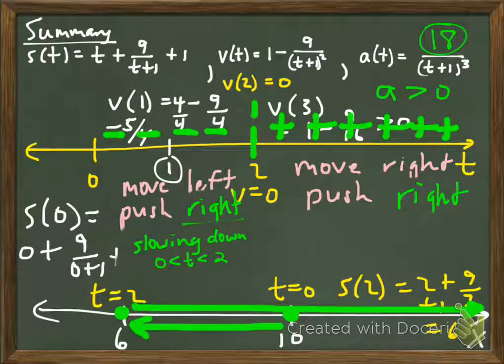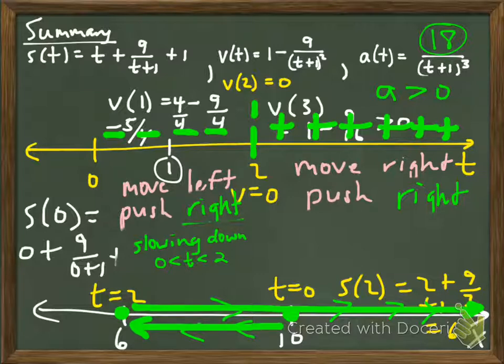And then once it hits 2, if you notice down here in the lower part of the screen, the object started at 10, moving left, gets over to 6 at t equals 2, the position is 6, and then at t equals 2, the object is stopped, and then after t equals 2, the object starts moving back to the right, and it moves right forever. So it moves left initially, slowing down, and then right after that, and speeding up forever.